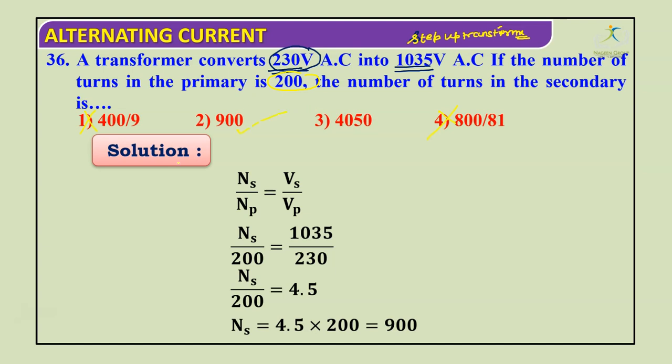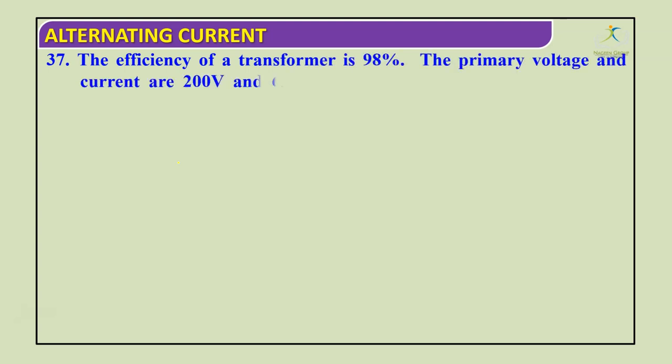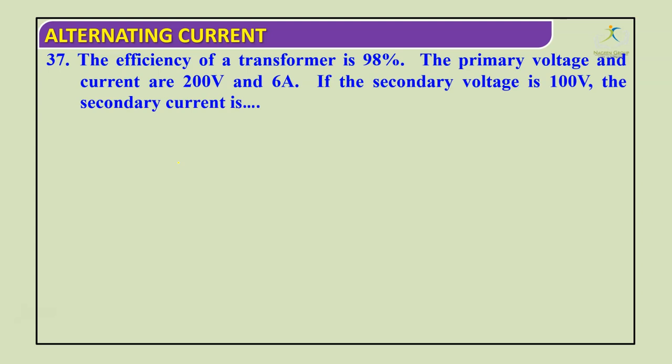Hope you understand. Next question we have, the efficiency of a transformer is 98%. The primary voltage and current are 200 volt and 6 ampere. If the secondary voltage is 100 volt, the secondary current is 11.76 ampere, 12.25 ampere, 3.06 ampere, or 2.94 ampere.